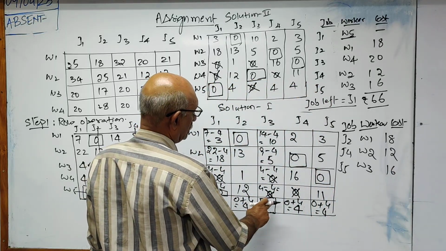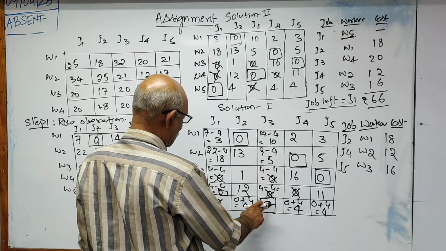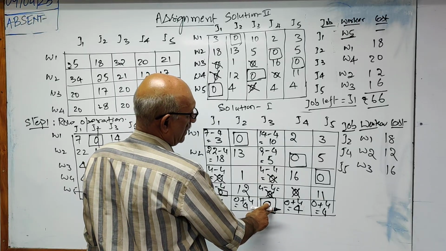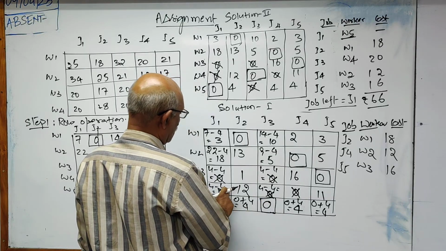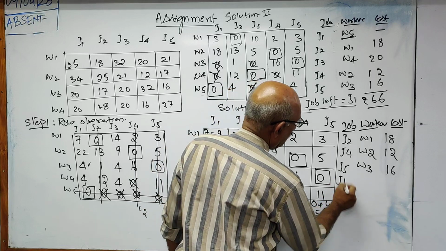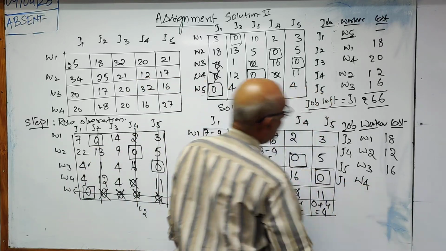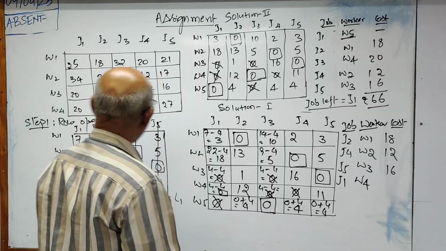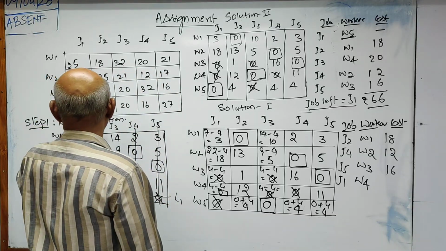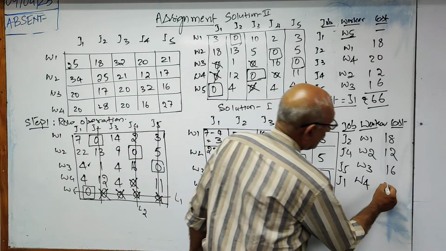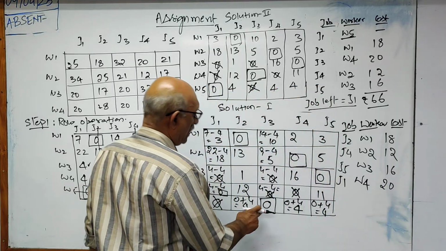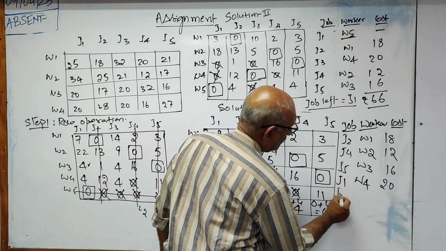Next, job number 2, 4, 5 over. Next, job number 1 is assigned to worker 4, 20 rupees. Finally, job 3.